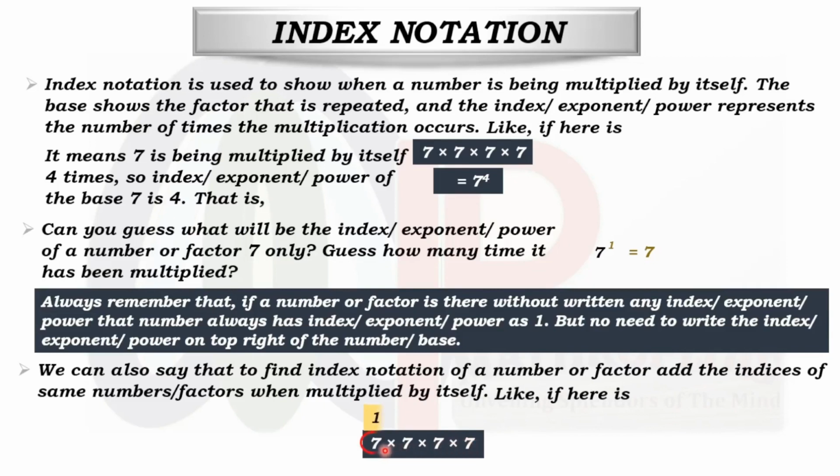The first factor 7 has index 1, multiplied by next 7, which also has index 1, multiplied by next 7 with index 1, multiplied by next 7 with index 1. Add all the indices of base 7, that is 1 plus 1 plus 1 plus 1. That is equal to 7 to the power of 4.